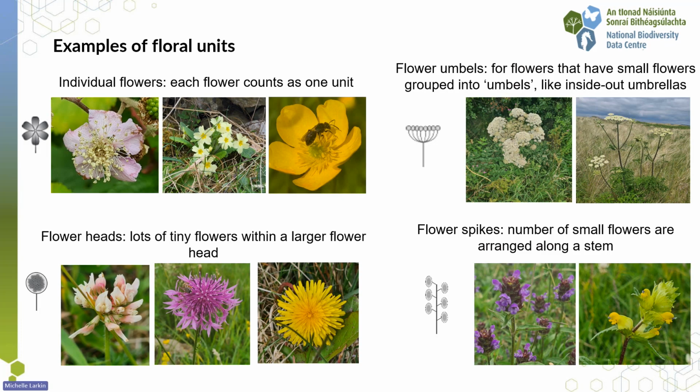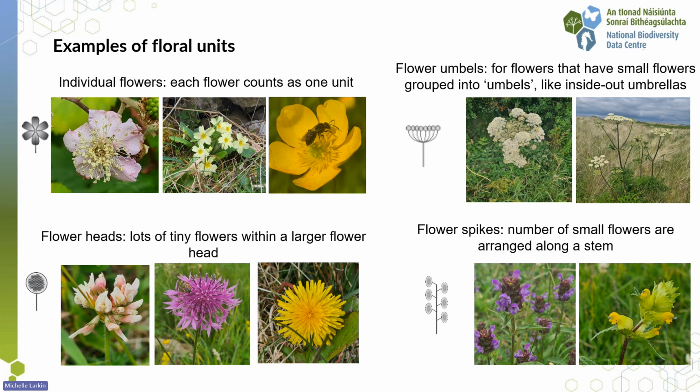Different flowers will have different shapes, which we use to help make counting flowers a bit more straightforward. So based on this flower shape, we can categorize them into one of four main floral unit groups, just to make it a bit easier for you to count them.